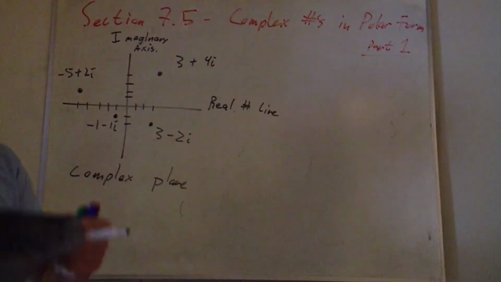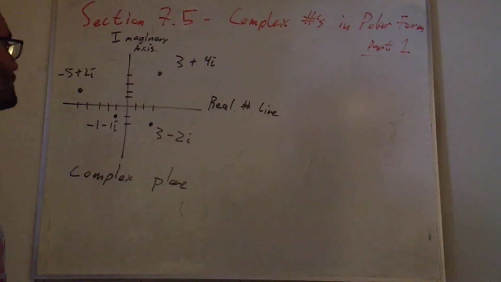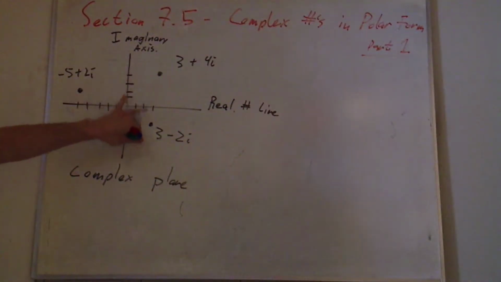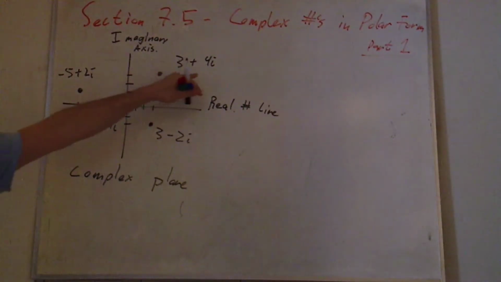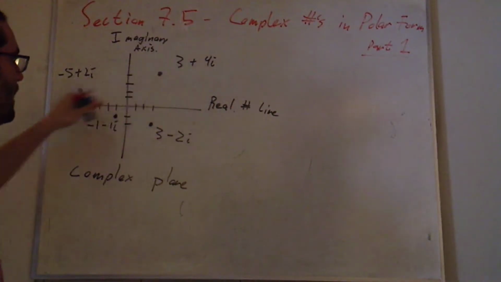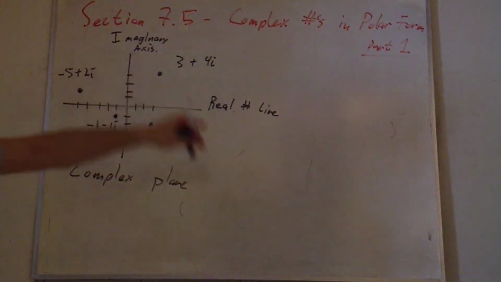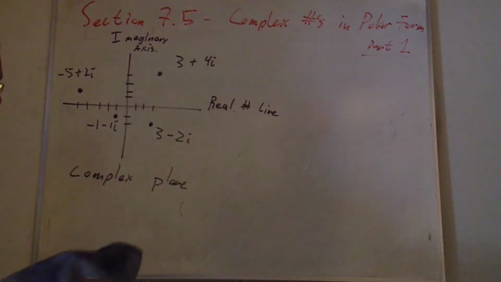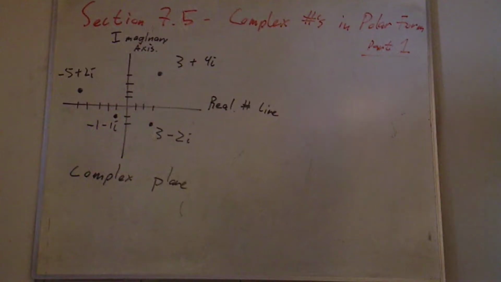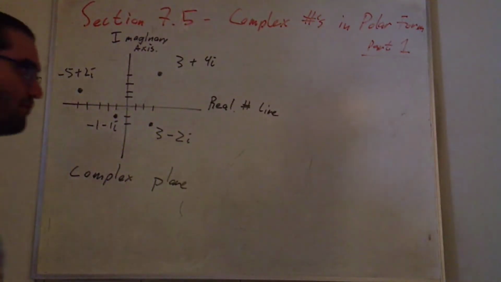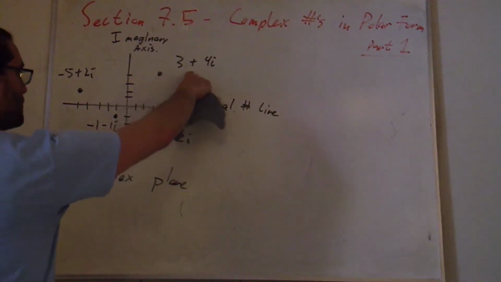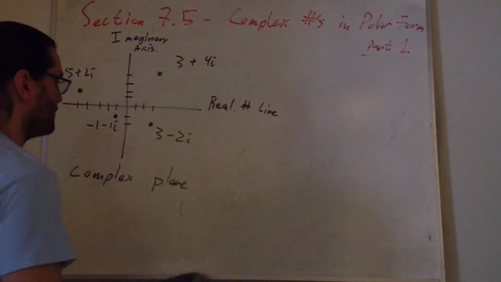Here's where things are going to get weird. We're going to combine this idea of complex numbers on a coordinate plane with the idea from 7.3 of expressing rectangular coordinates in a polar form. So I'm going to go back to this one right here. This is the point, the 3 plus 4i.